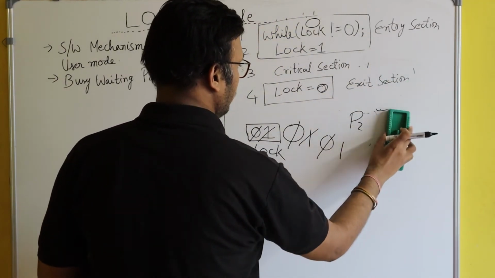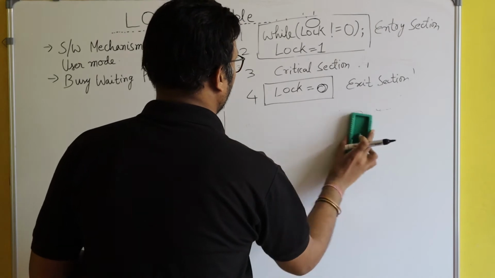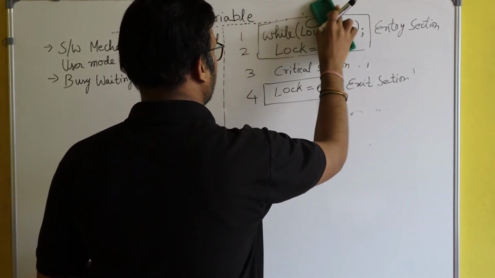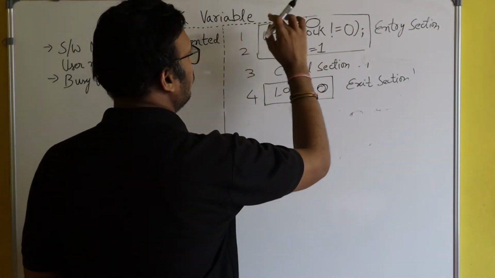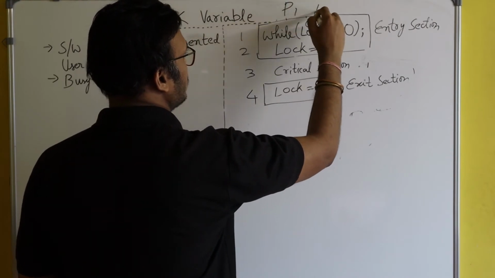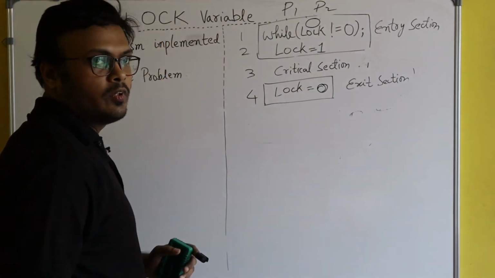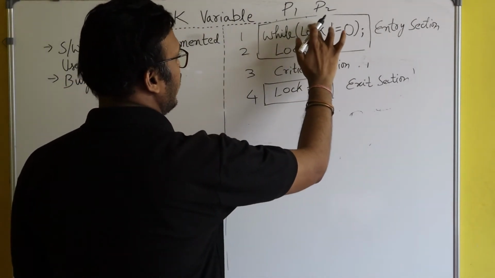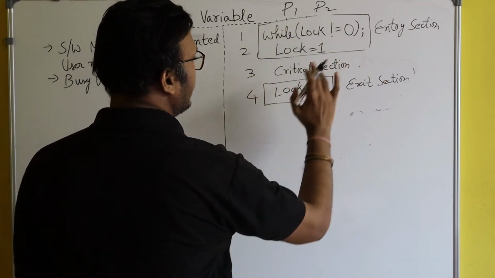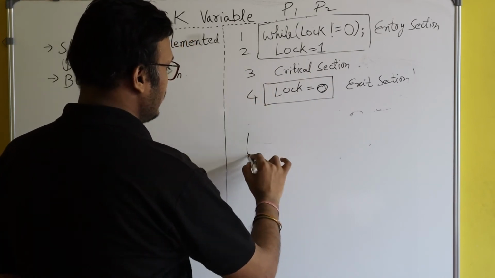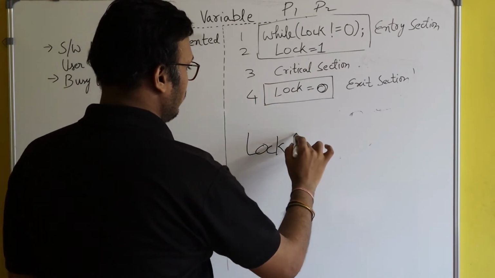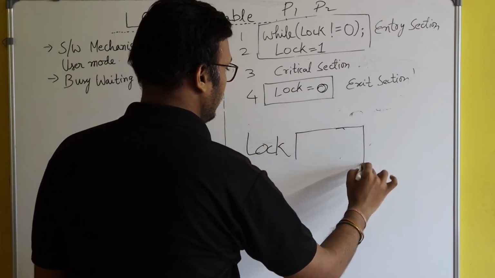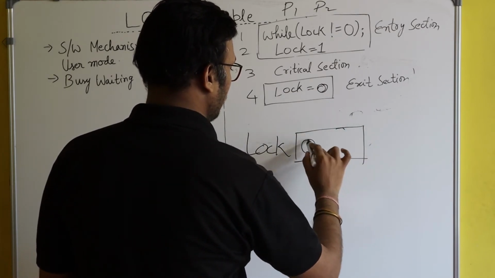You see how. Let me tell you. Okay, let's start from the beginning. There are two processes, process P1 and process P2. Suppose process P1 wants to enter inside the critical section. Since the critical section is vacant, the lock variable is 0.